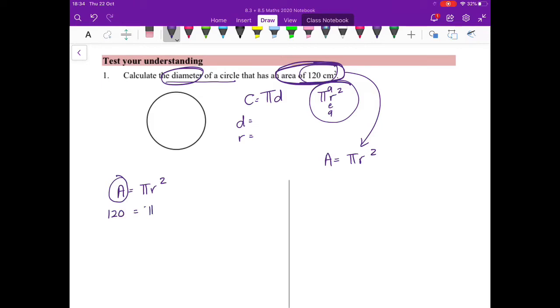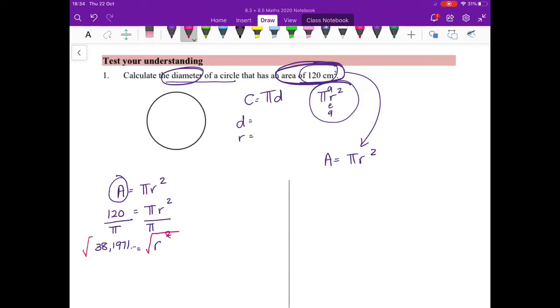So 120 equals pi r squared. Pi is a number, so I can divide both sides by pi. And then I would have r squared equals 38.1971. I don't round off. I'm just going to go square root answer, so don't clear your calculator.